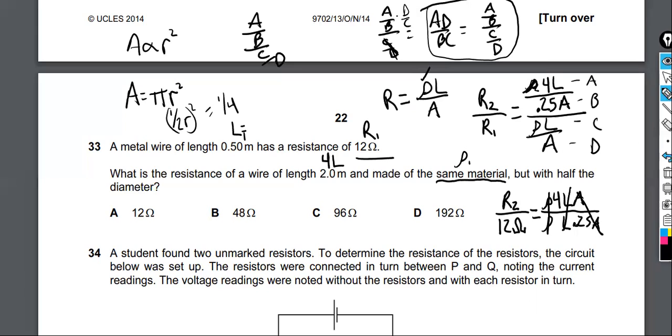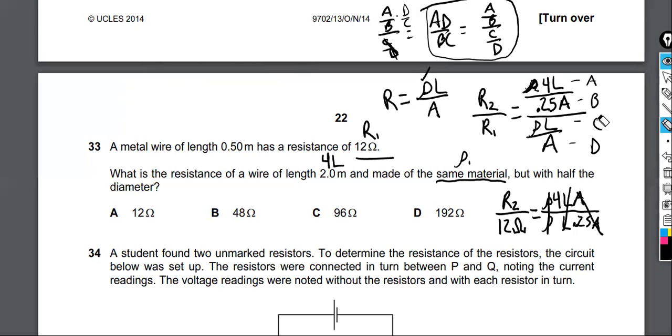I'm going to write it right over here. And you probably already beat me to it. You probably already know, oh, I know how to do this now. So this is going to be 4 over 0.25.